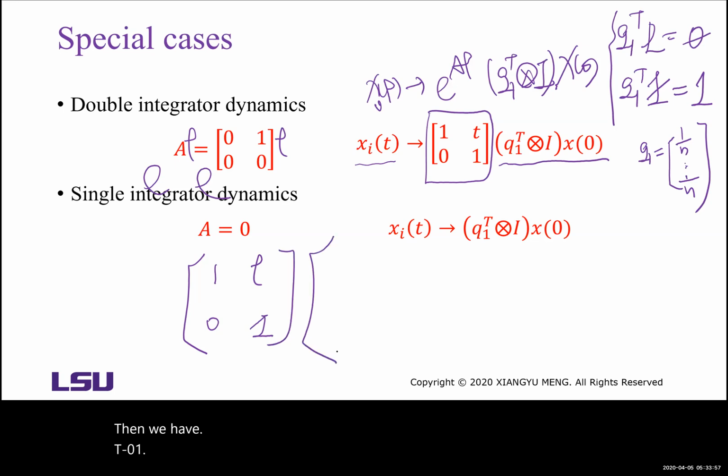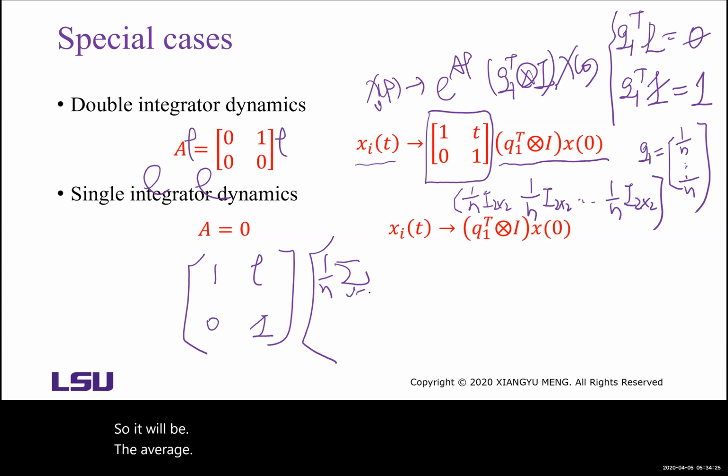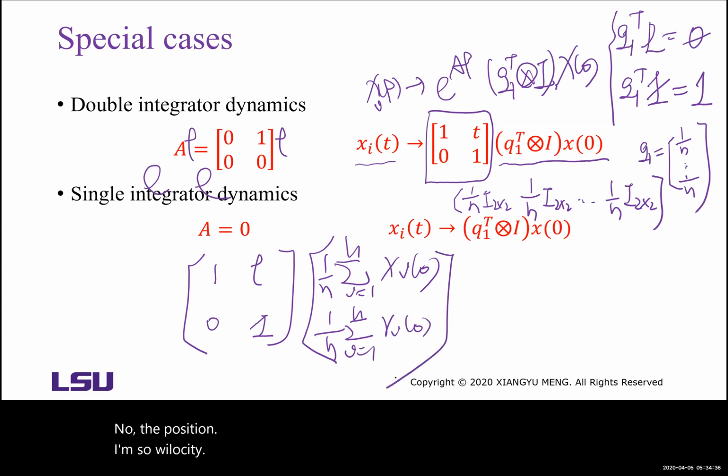Then we have Q1 will be 1 over n I2 by 2, 1 over n I2 by 2, 1 over n I2 by 2. So it will be the average of the position, average of the velocity.